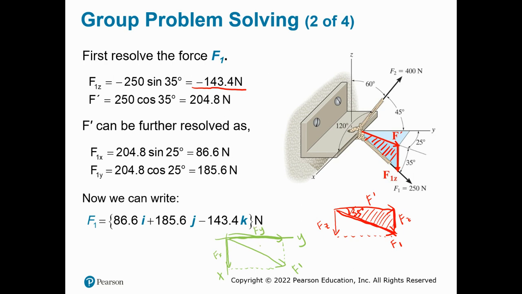If you look at either triangle, this one is fine, but the one below is also fine, meaning this part is my Fx. Now looking at the angle, 25 degrees is between F prime and y. One more time: this 25 degrees is between F prime and y, right here. Then you use the sine and cosine of that 25 degrees, and we can find our F1x and F1y components. Hope that helps you.